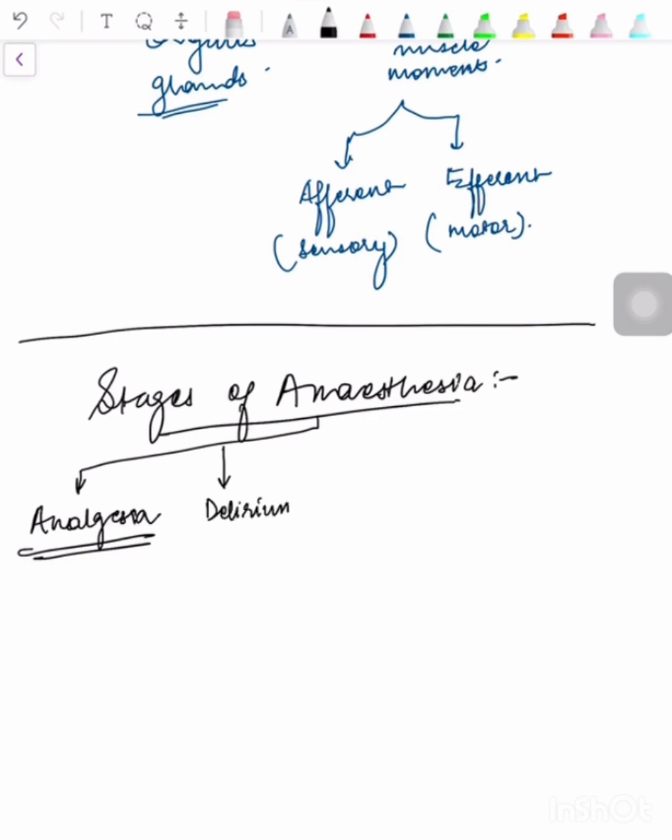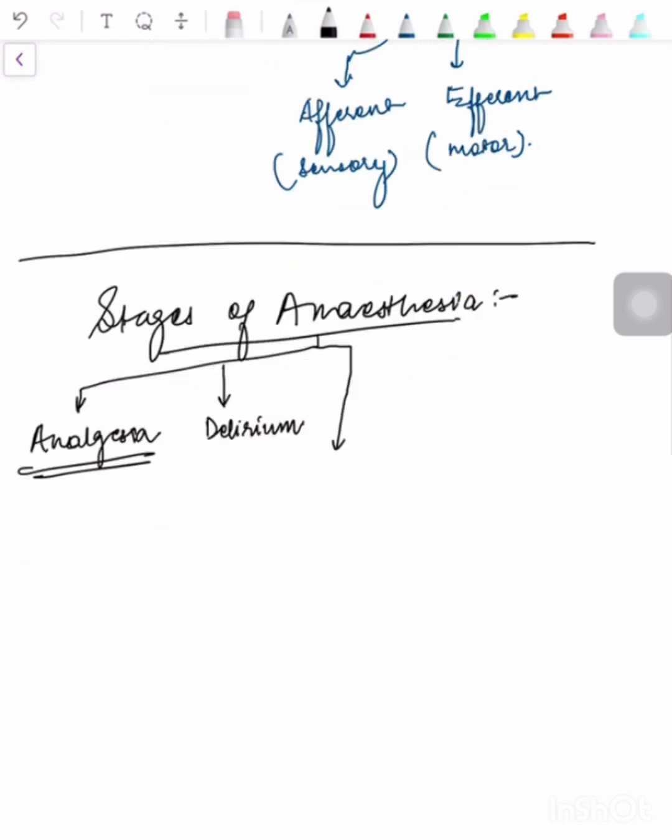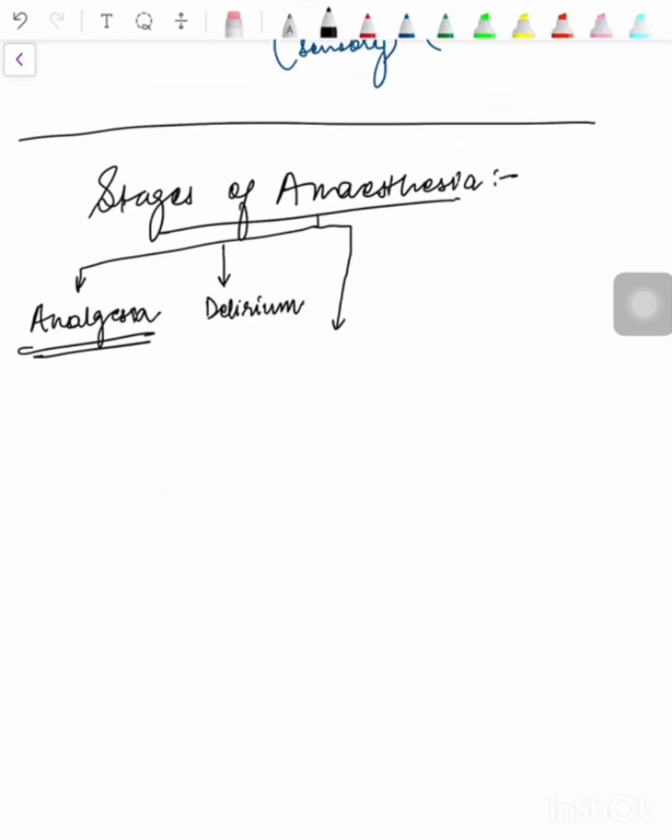Now we are going to study all these stages in detail, but I'm just giving you a sort of summary so that you know what stages we have to go through and study. Third is the stage of surgical anesthesia.